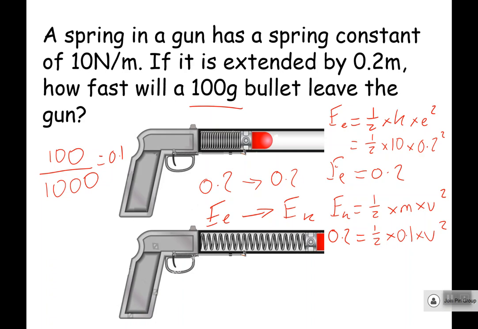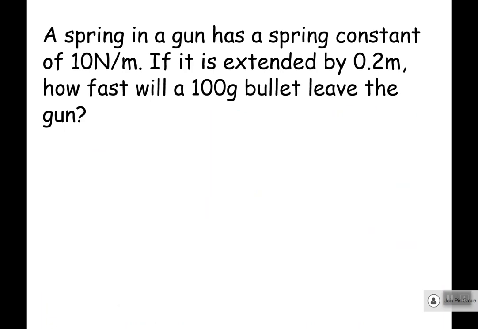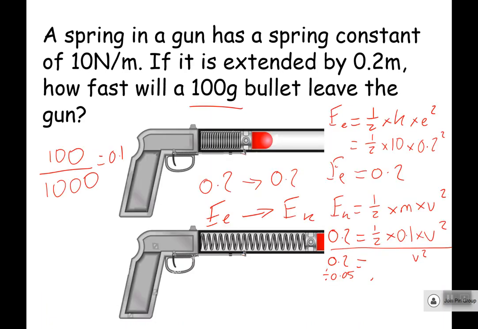So simplify it to start off with. We do 0.2 equals half times 0.1, which is 0.05, times v squared. We divide both sides by 0.05, and that side then simplifies to v squared. 0.2 divided by 0.05 gives you 4.